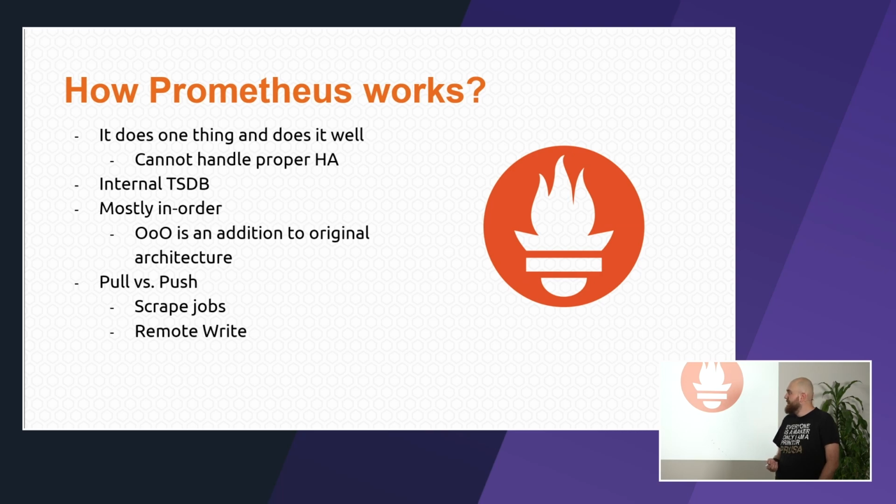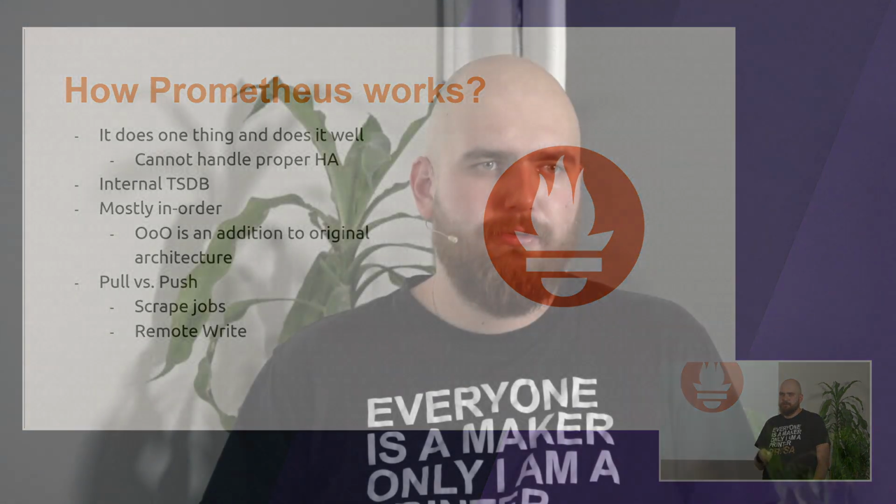It's mostly in order. Out of order was an addition to the original setup and architecture, and pull versus push. Nowadays, you can use remote write to push into Prometheus. That's why out of order was implemented. And finally, remote write 2.0 is already on its way. A beta version is already implemented.